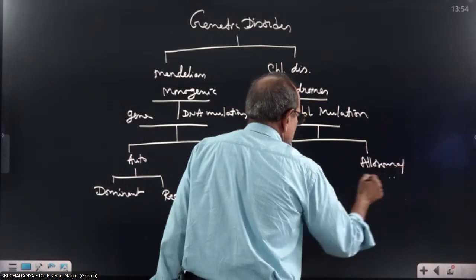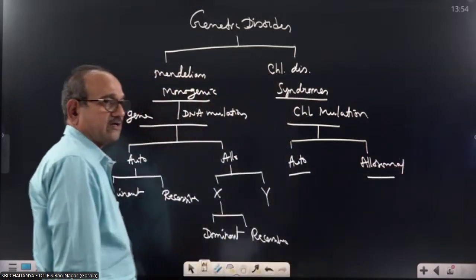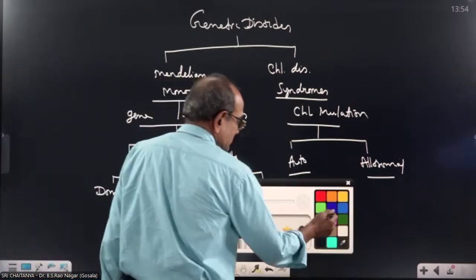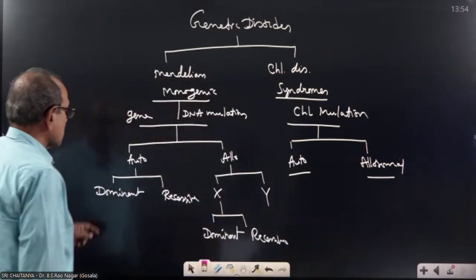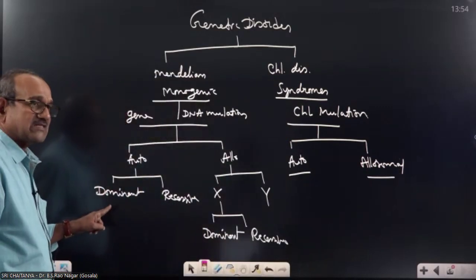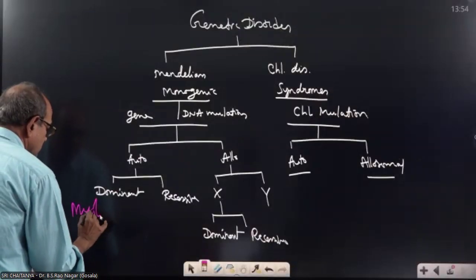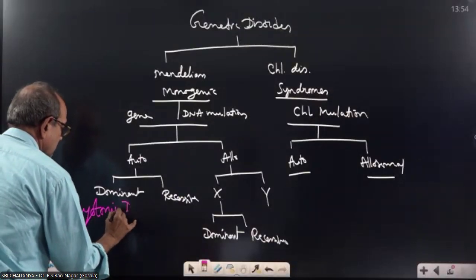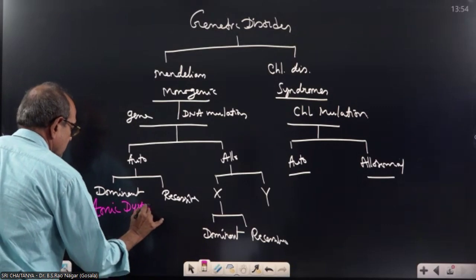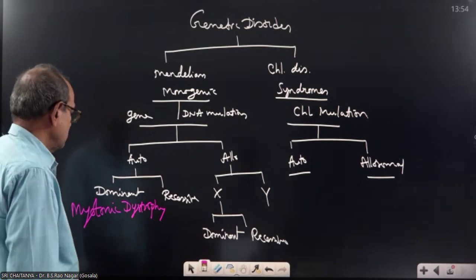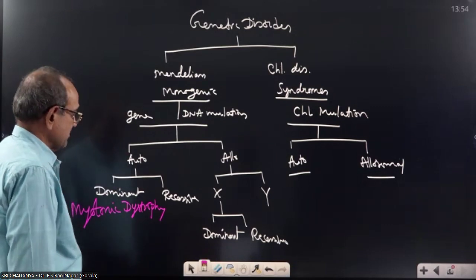We can quote hundreds of examples for this, but let us go through our prescribed syllabus. Autosomal dominant disorder: myotonic dystrophy, an excellent example for an autosomal dominant disorder.